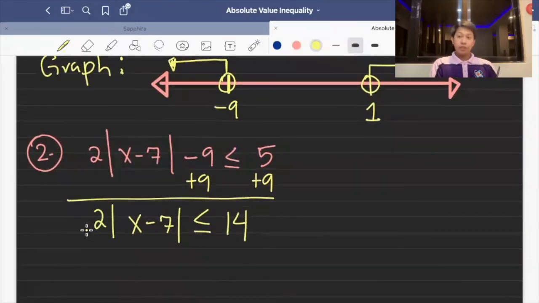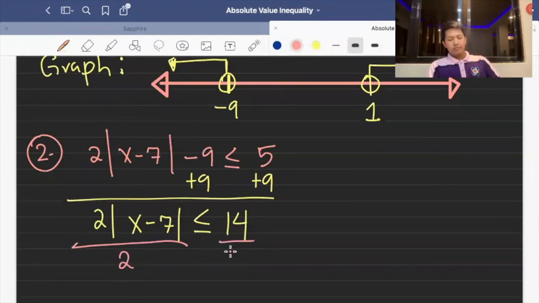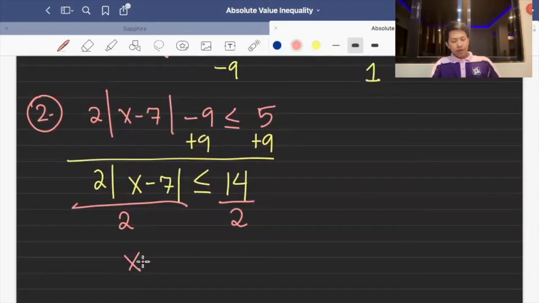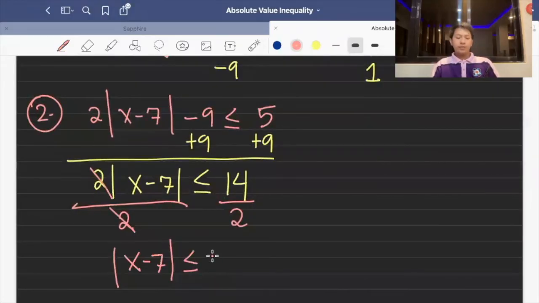We have to get rid of this 2. What are we going to do? We have to apply the division property of inequality. Fantastic. So we have to divide everything by 2. So therefore, we have the absolute value of x minus 7, this will cancel, is less than or equal to 14 divided by 2, that is 7.